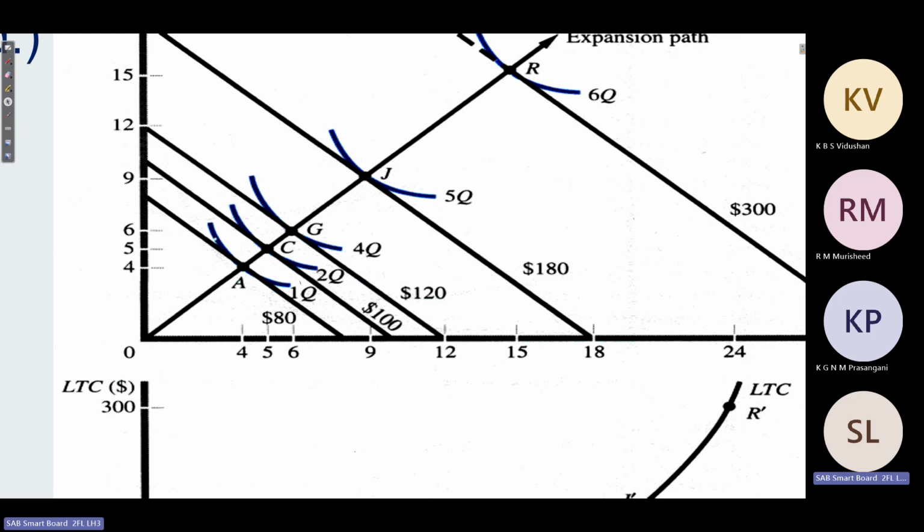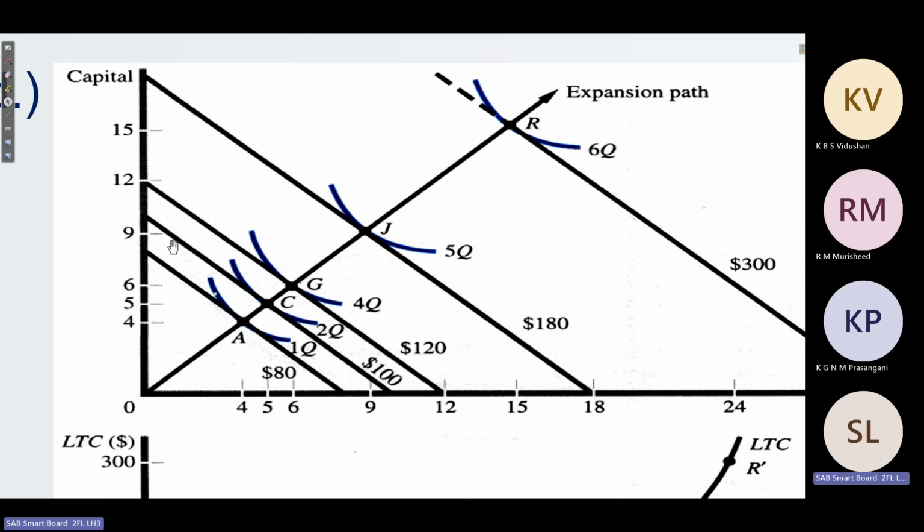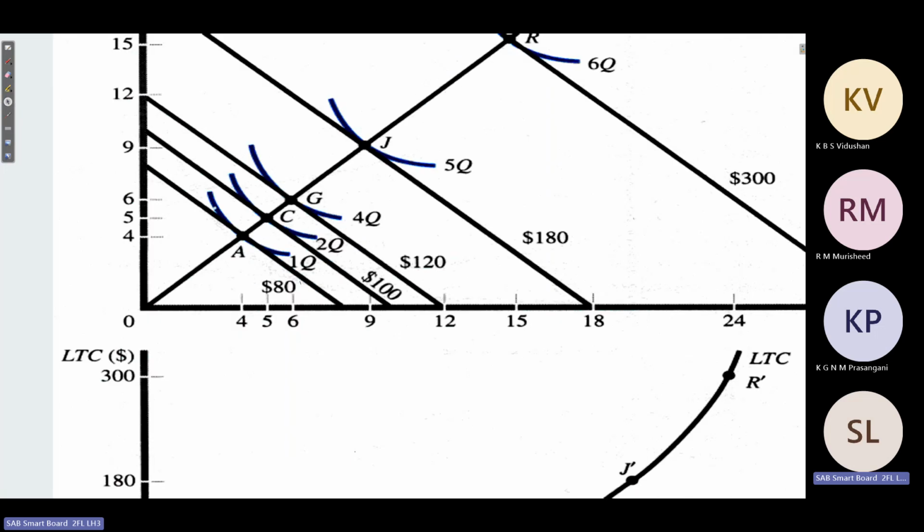And when these isocost curves and isoquant curves intersect, that is where we find the equilibrium output levels. For example, to produce this Q1 level of output, the firm should combine 4 units of capital and 4 units of labor.